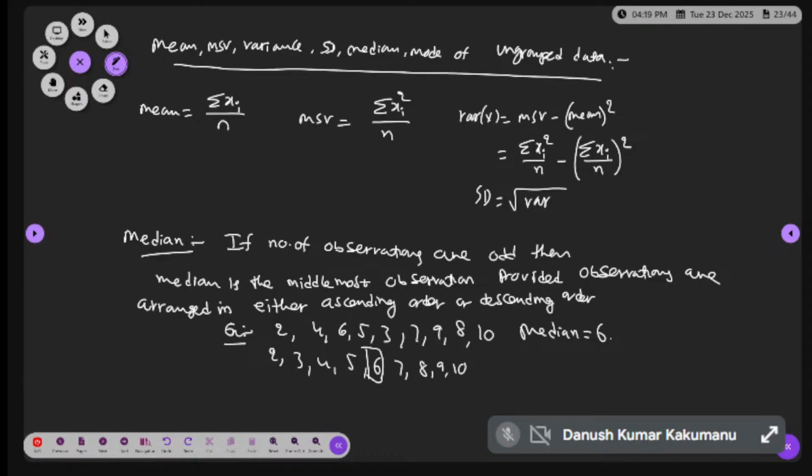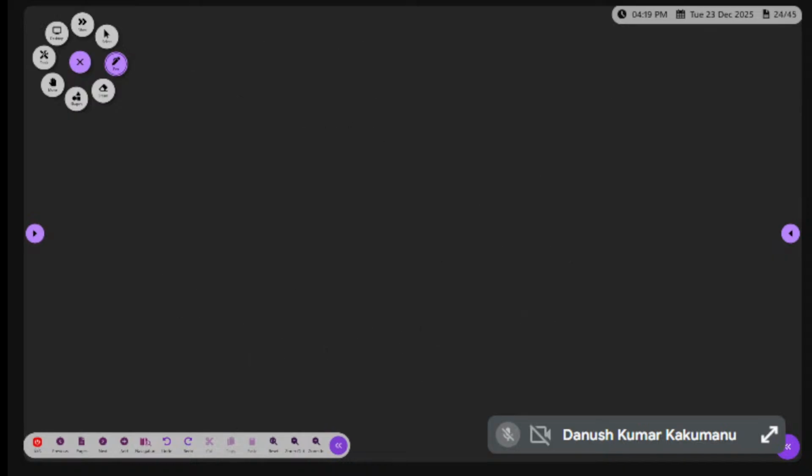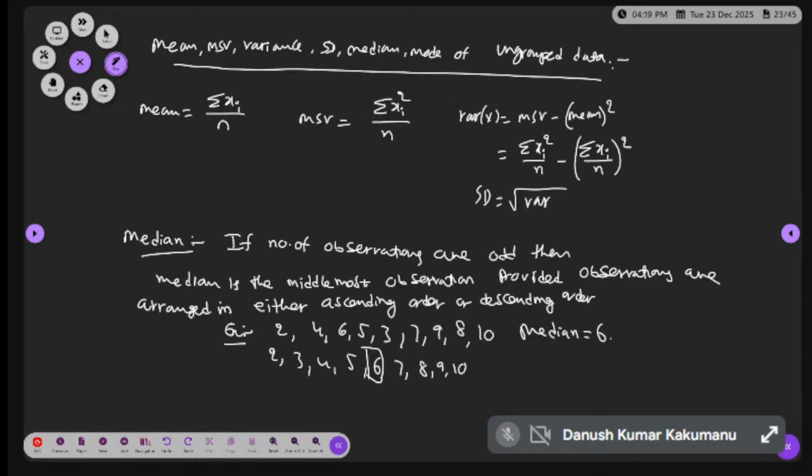Shall we move to next slide? Number of observations. If n is an odd number of observations, where is the median location?